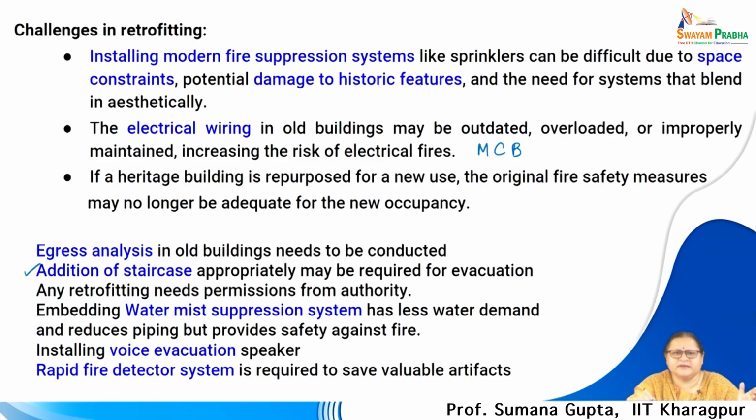Considering heritage buildings housing materials which may be age old, or maybe museums which have age old sculptures or paintings, we usually plan for a water mist suppression system instead of a deluge kind of sprinkler system, that is, less amount of water will be demanded, because these kinds of historic buildings also do not have any static underground tank, neither may they have a static overhead tank.